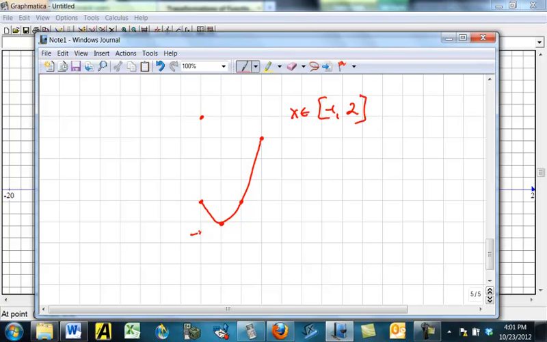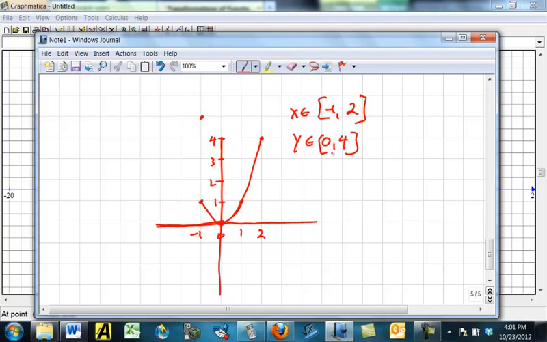So this is negative 1, this is 2, and here are your axes. They're the axes, right? And where are the y's? So the domain is negative 1 to 2. The range is from 0 to 4.